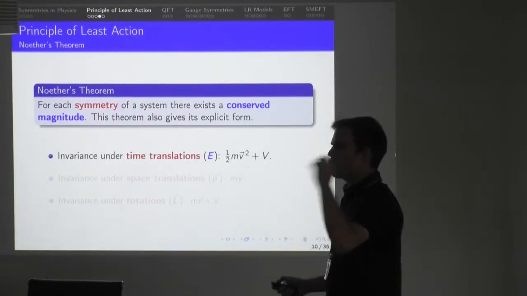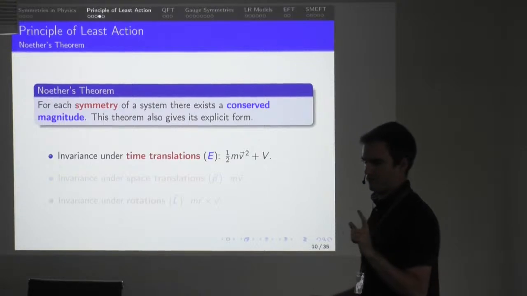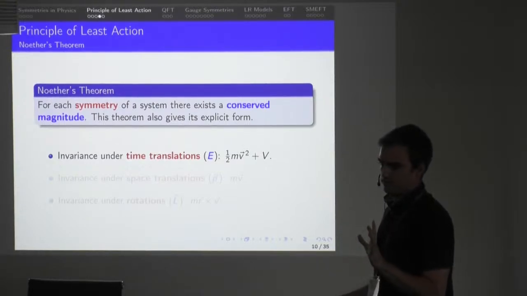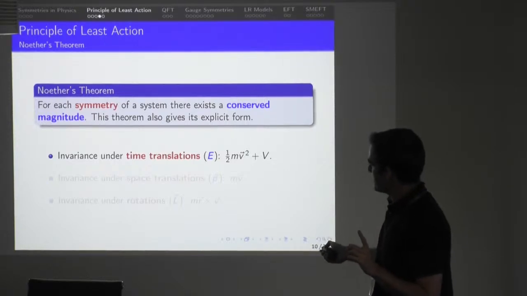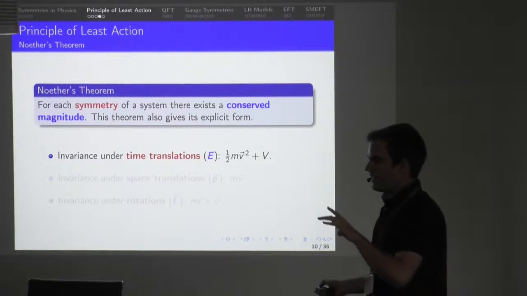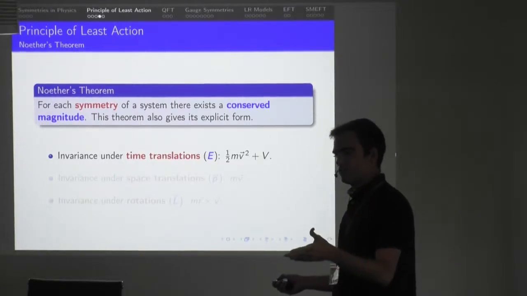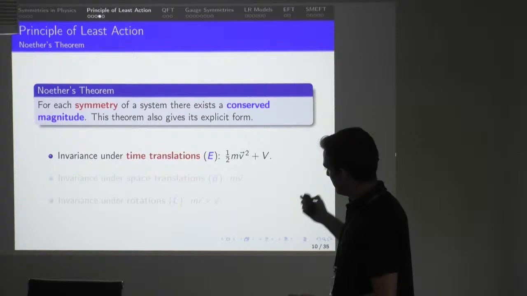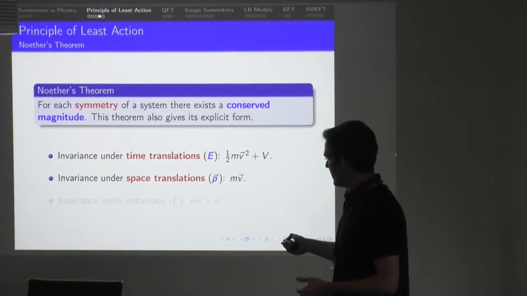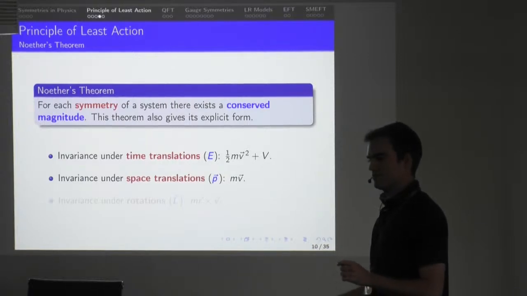So let's go back to the gravitational interaction. We have invariance under time translations. Using Noether's theorem, we can show that this quantity here is conserved. And that quantity is precisely what we call energy. We had invariance under space translation. We can show that this quantity here is conserved, and that's what we call linear momentum.